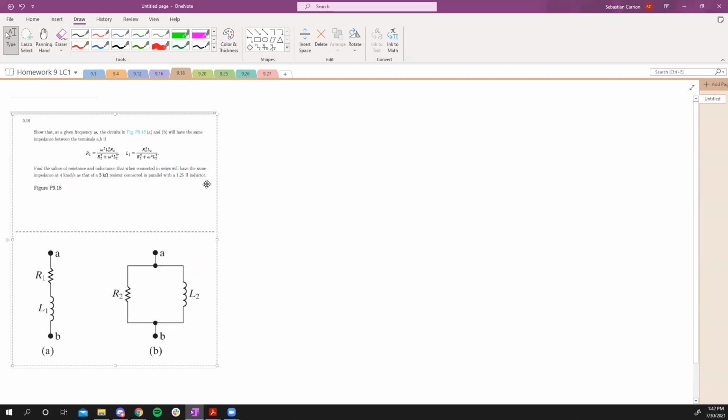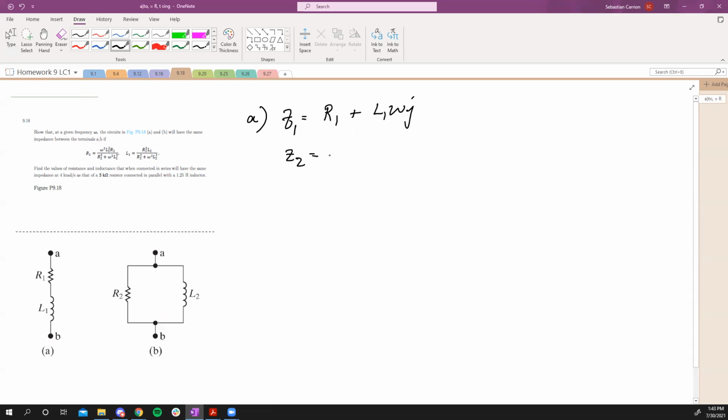All right, so first, for A, we want to find the Z equivalent. We've got R1 plus L1 omega J. Then for Z2, it's going to be (1 over R2 plus 1 over L2 omega J) to the -1.